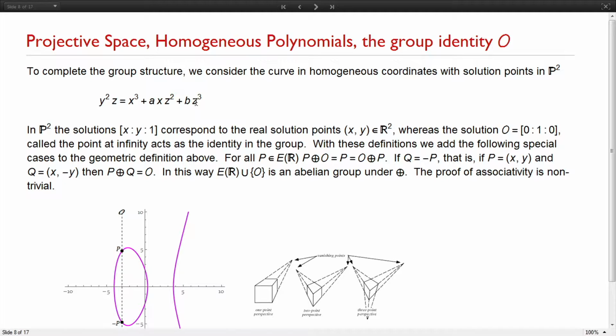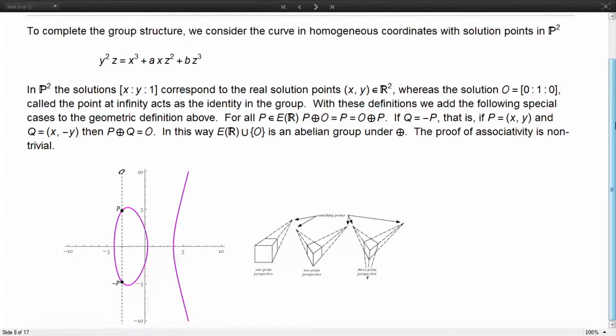So all the points with coordinates x, y, 1 correspond to the real solutions in the original equation. But you get a new point, a single point that satisfies the equation where x is 0, y is anything, and z is 0. That's the point we call the point at infinity, and it acts as the group identity. So now we get an algebraic group structure where this is the identity.